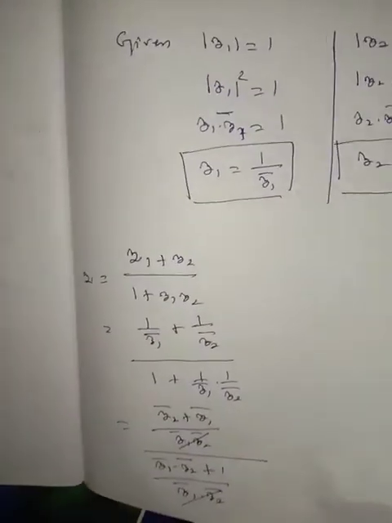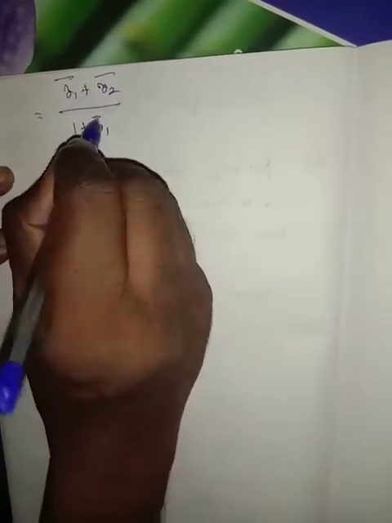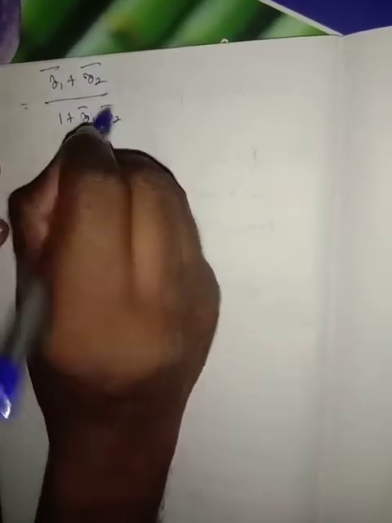Z1 bar plus Z2 bar divided by 1 plus Z1 bar dot Z2 bar.